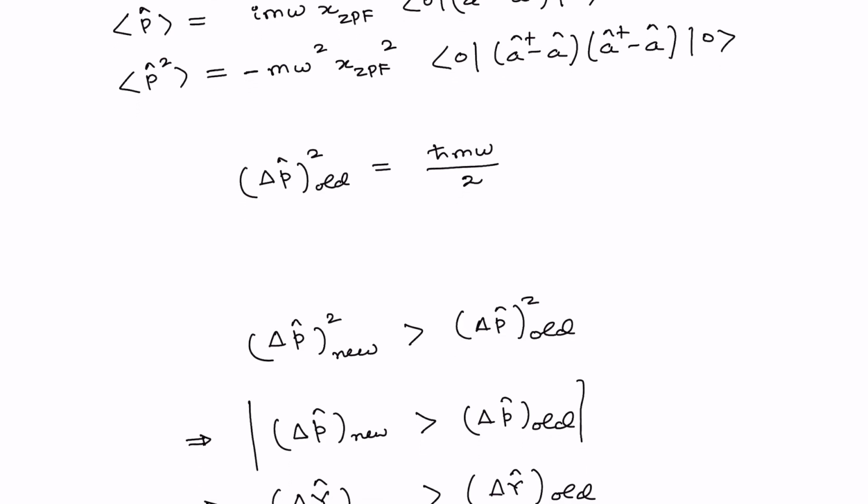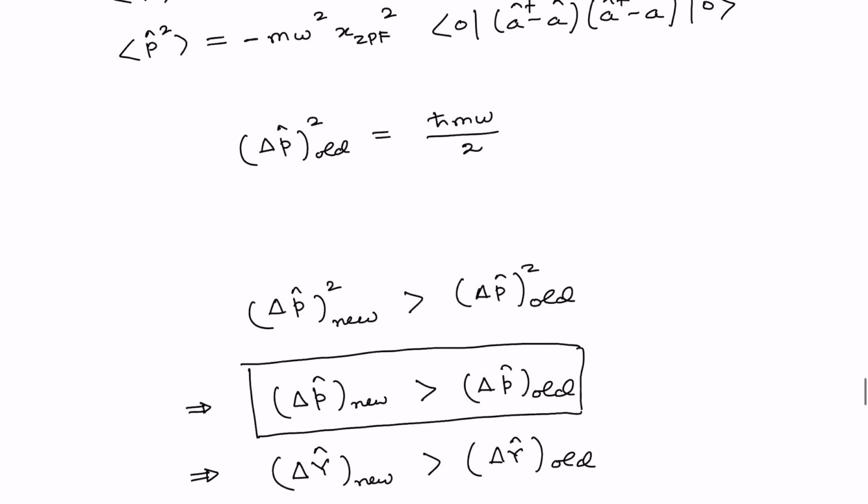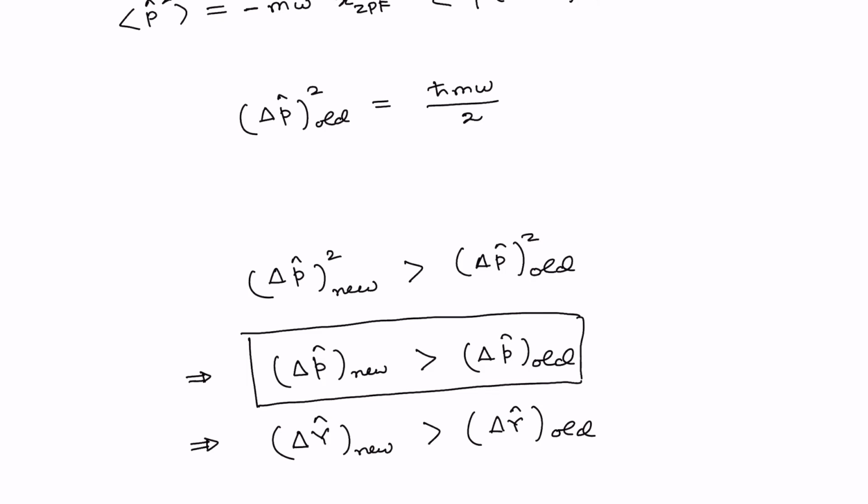That means the momentum uncertainty in the new harmonic oscillator is greater than that of the old one. And because the momentum operator is associated with the y quadrature, the uncertainty in the y quadrature for the new harmonic oscillator is greater than that of the old harmonic oscillator. So what you have seen is that because of the squeezing, one quadrature is getting squeezed at the cost of expansion of the other quadrature.